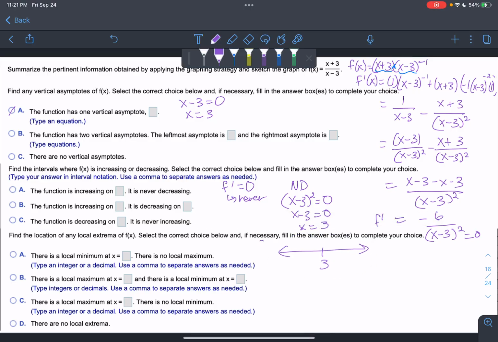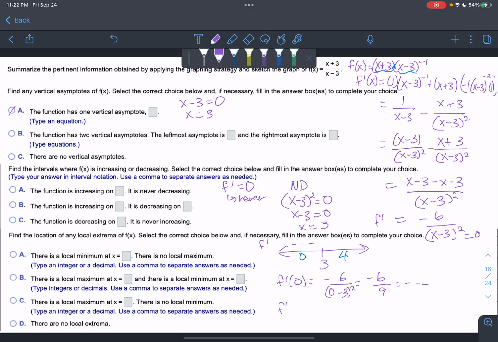Okay, so now let's test. What do you want to test? A point to the left of 3, that's easy, it's just 0. And then to the right, we can just do 4. So f prime of 0 will be negative 6 over 0 minus 3 squared, that gives me negative 6 over, what, 9? So that's going to be a negative.